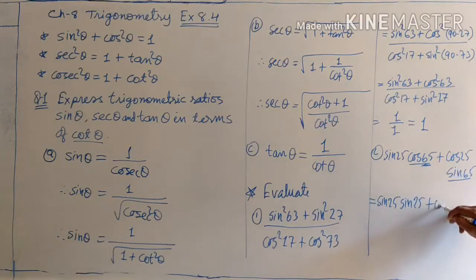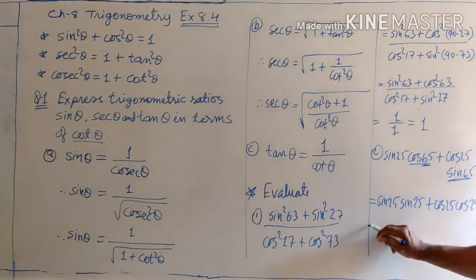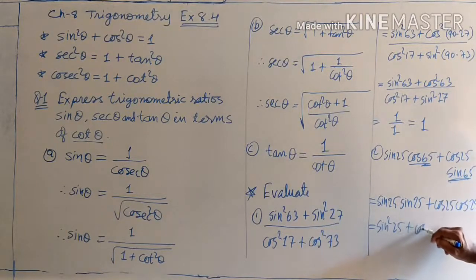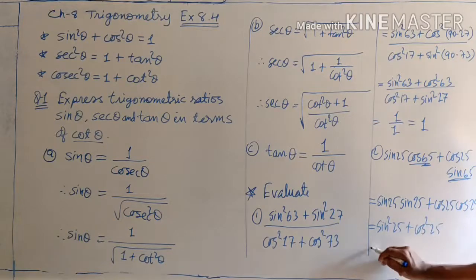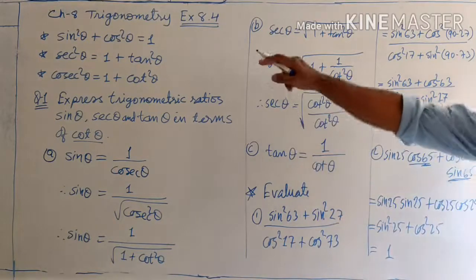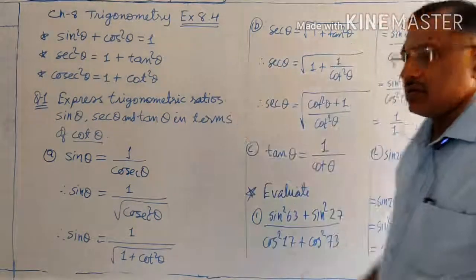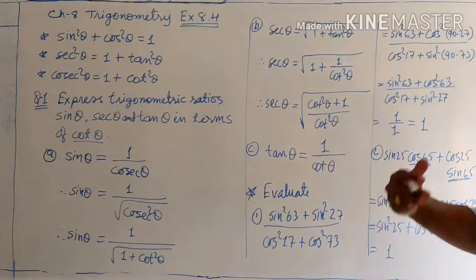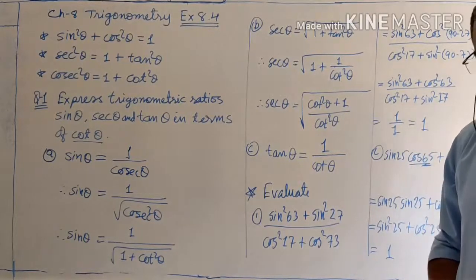Same way cos 25 here, and here complementary of sin is cos, 65, complementary of 65 is 25, and thus we will get sin square 25 plus cos square 25, and thus using identity it is equal to 1, same identity. So now let us prove that here left hand side is given, then we will go for proving the right hand side.